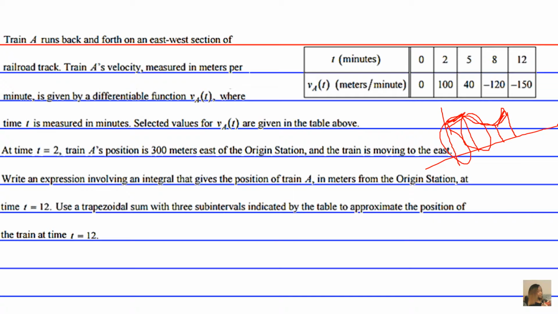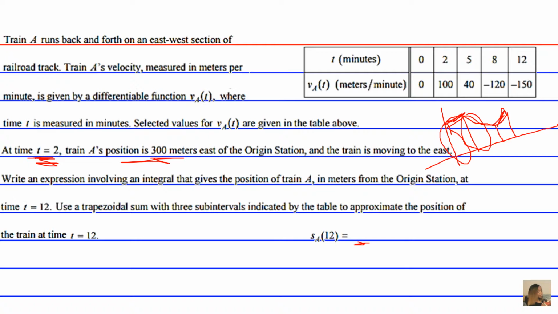Just bear with me. So let's call the position of A at 12 S of A of 12, okay? So therefore, it's going to be equal to S of A at 2, t equals 2 minutes, because we're told what that is. We're told that's 300 meters, plus the integral from 2 minutes to 12 minutes of VA of t dt.